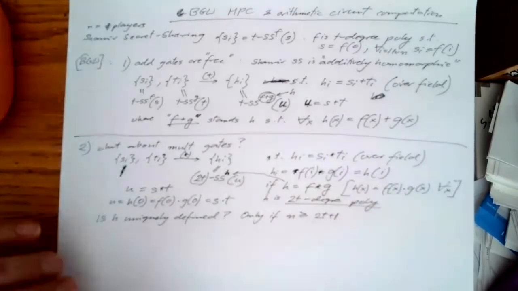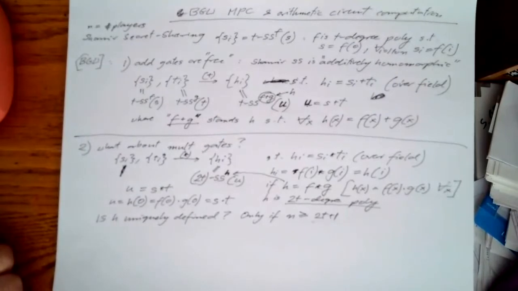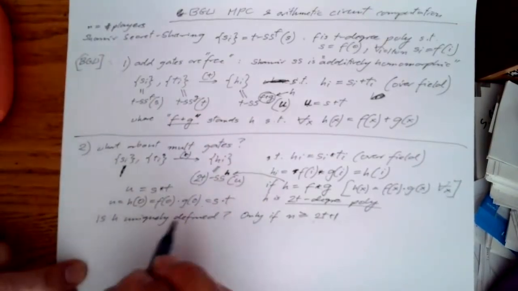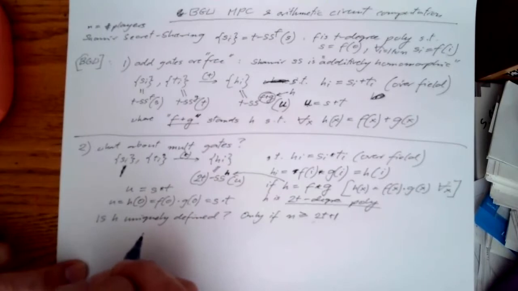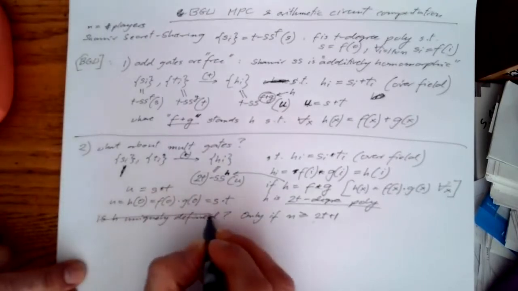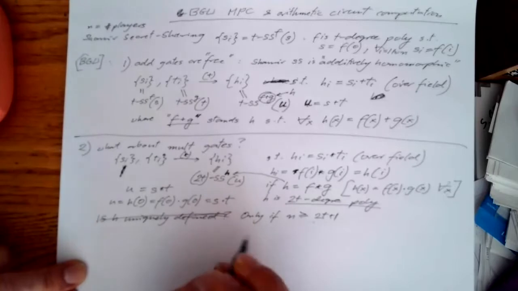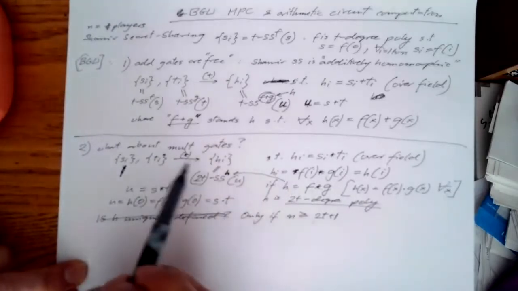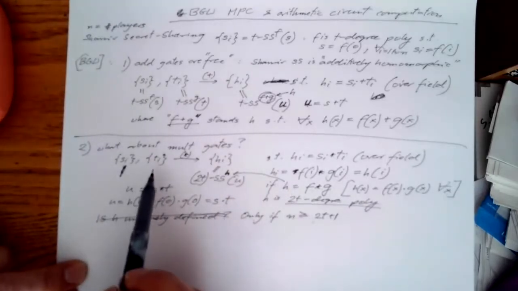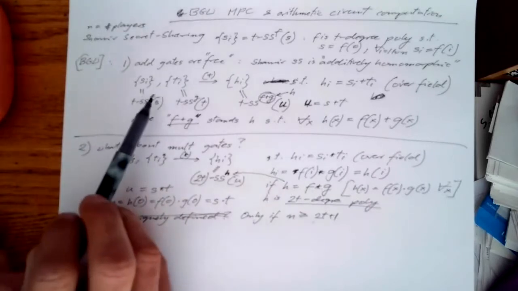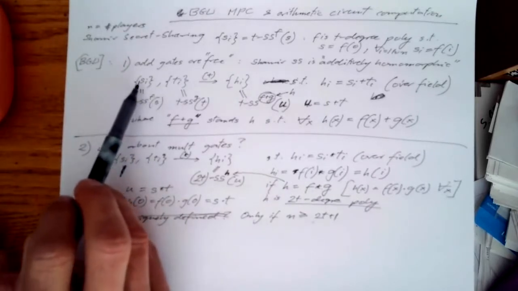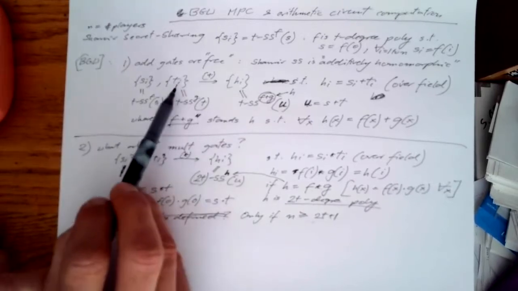Let me think. Sorry, it is uniquely defined, so this was a wrong question. If n is just t plus 1, then f is uniquely defined by t plus 1 shares, and g is uniquely defined by t plus 1 shares.